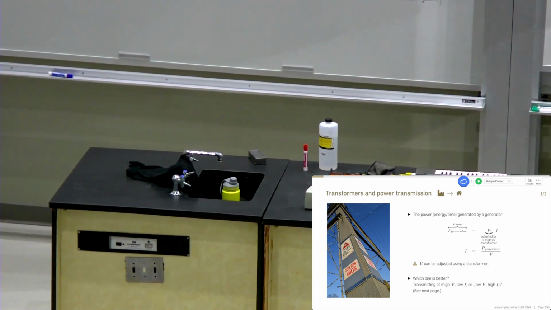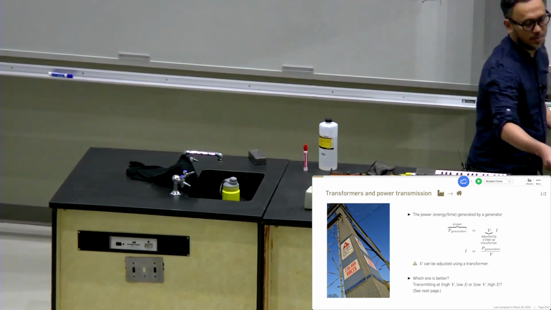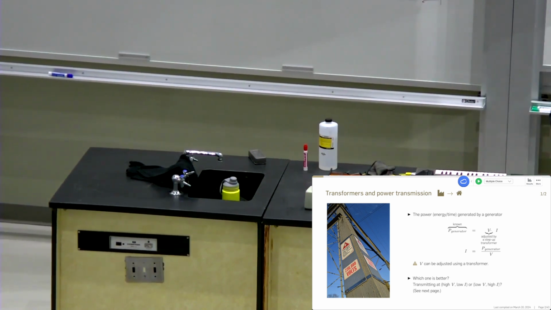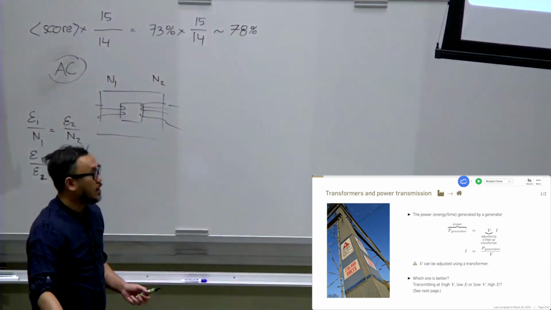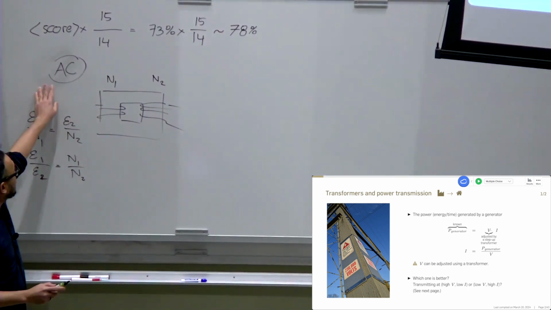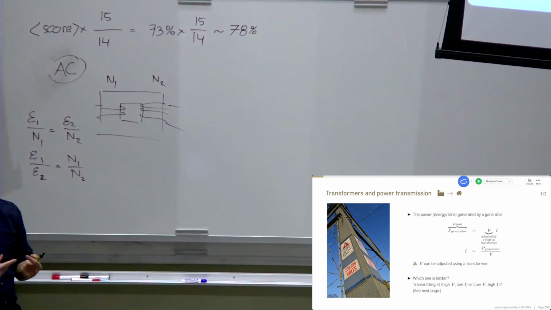One reason why AC wins is that many ways to generate electricity involve rotary motion, like wind turbines and water turbines.